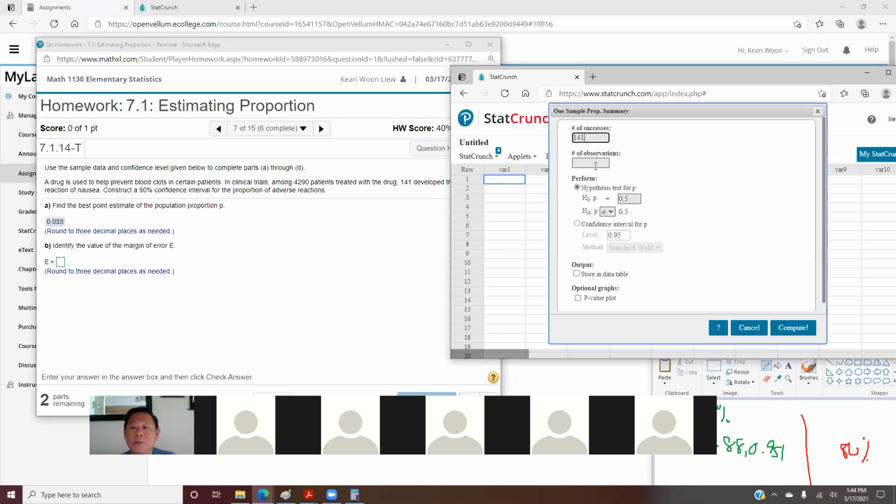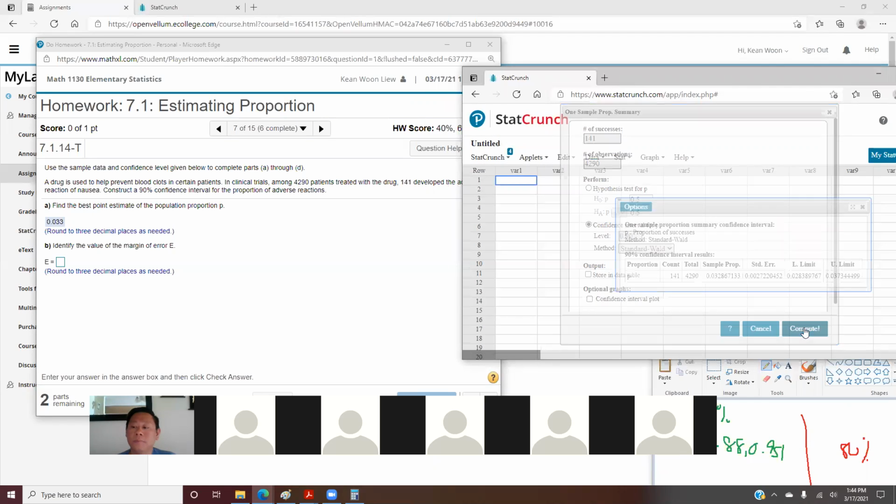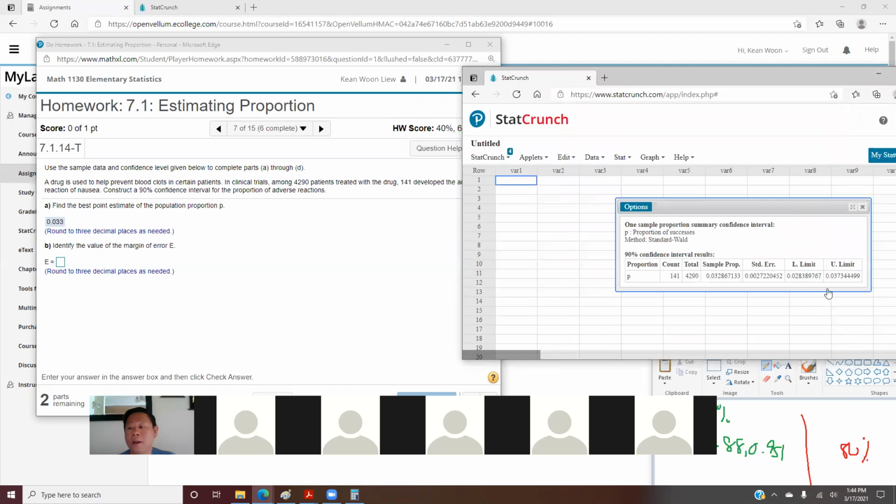And number of observations? 4,290. And what confidence level are we testing? I think it was 90. 90 is in the question. So this is your lower and upper. So how do we find your margin of error, E? Upper minus lower divided by 2. Yep, go and do it now. You need to calculate.